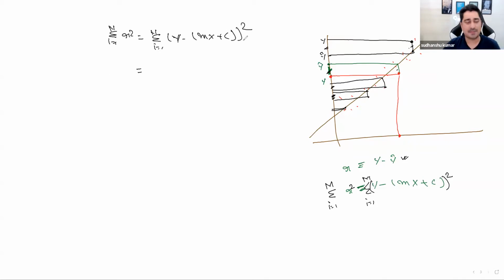Now if you have to expand this equation, how are you going to expand it? Y squared, sorry, got confused. I think I have already clarified these things: just to remove the direction factors, the negative factors, we are trying to square it. I think I have already clarified each and everything.